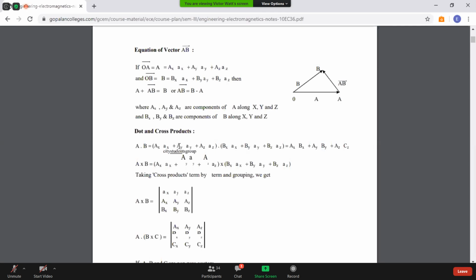Now, AX dot BY is what? 0 again, sir. AY dot BY would work out to what? AY BY, because they are parallel. Right. And AY dot BZ works out to what? 0.